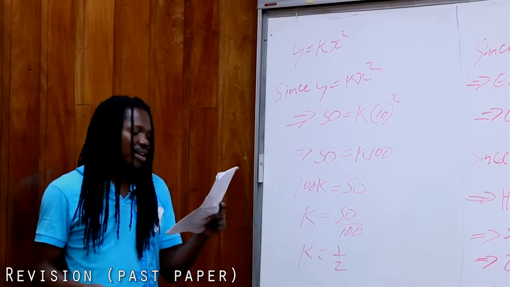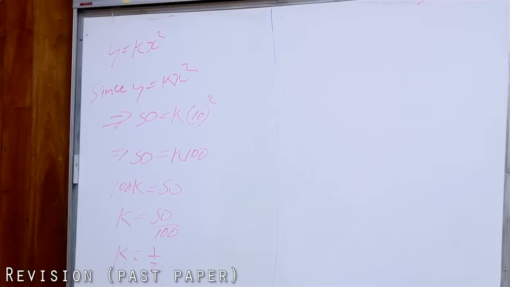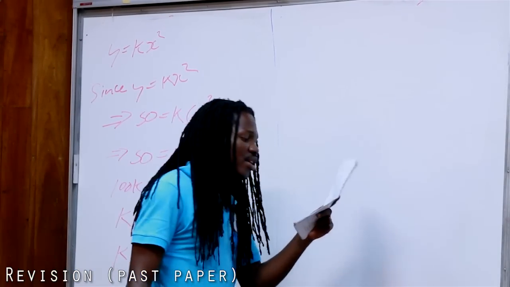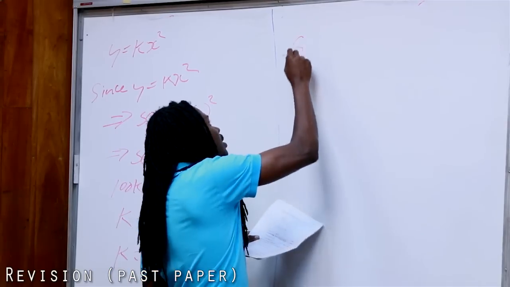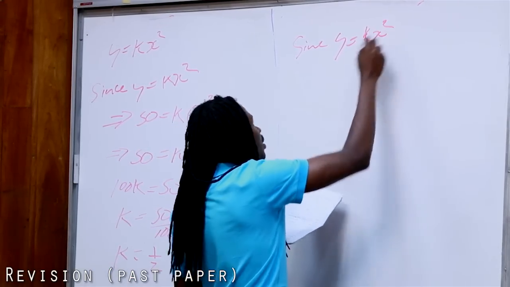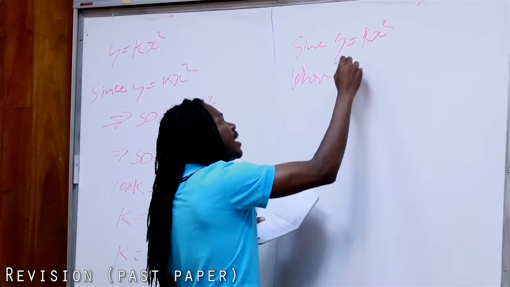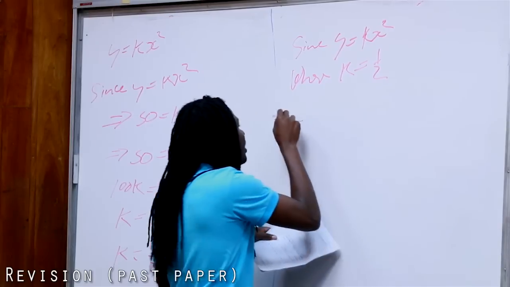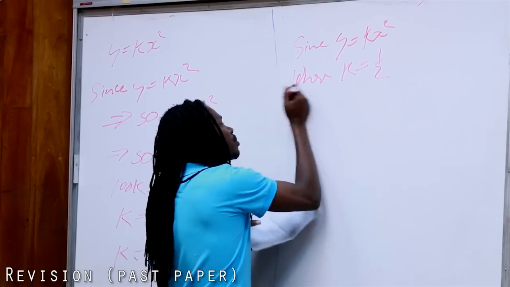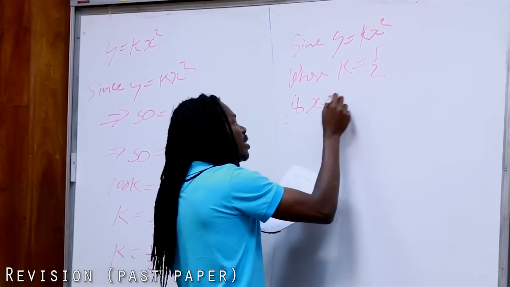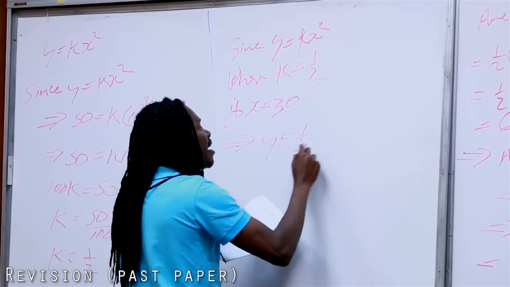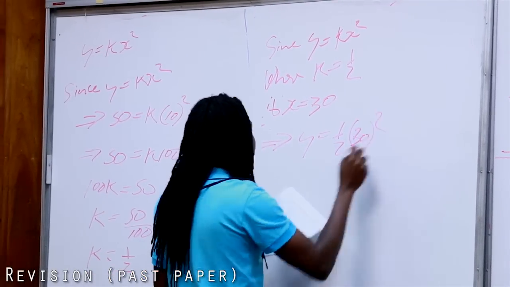Calculate the value of y when x equal 30. Since y equal to k x squared, where k equal to a half, it implies if x equal 30, y equal to a half times 30 squared.